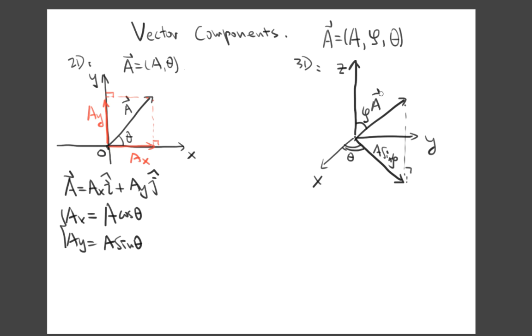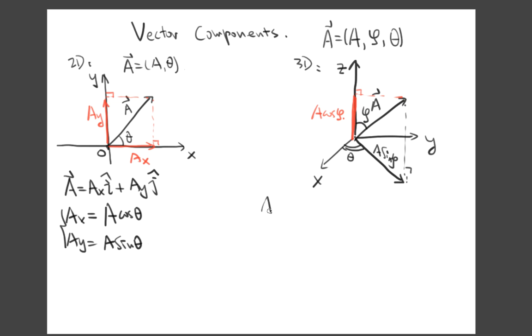And A sine phi is like, in the previous 2D example, A. Okay, and if I project to the z-axis, then this component is A cosine phi. Okay, so now we can write down each component.